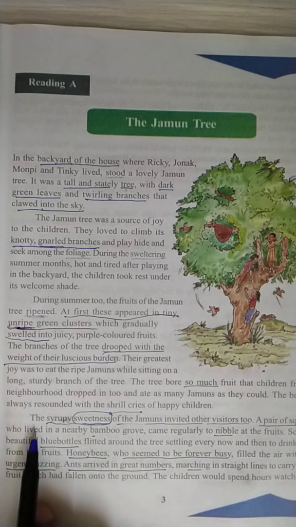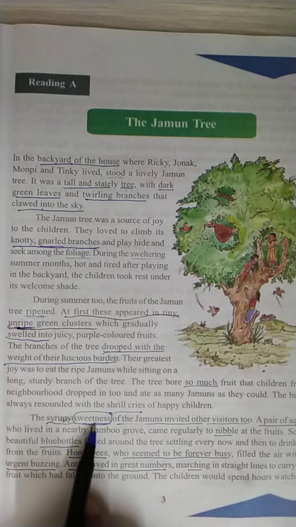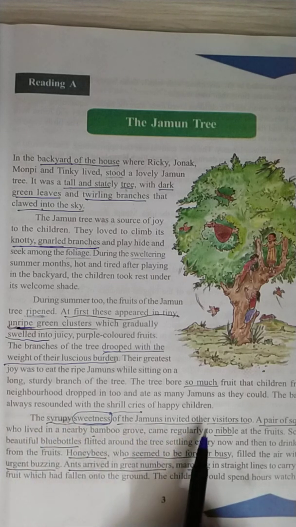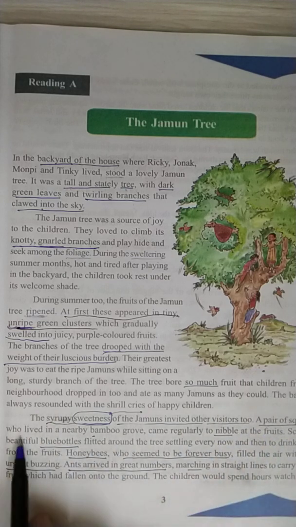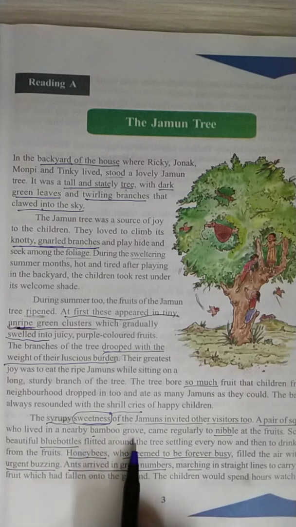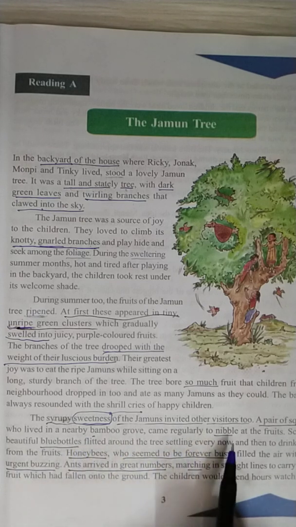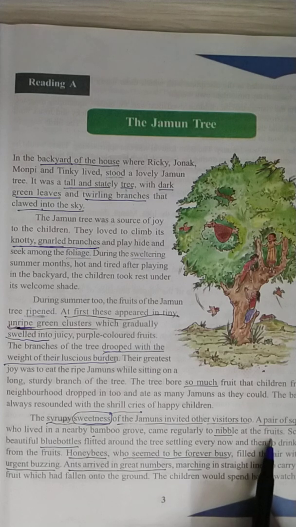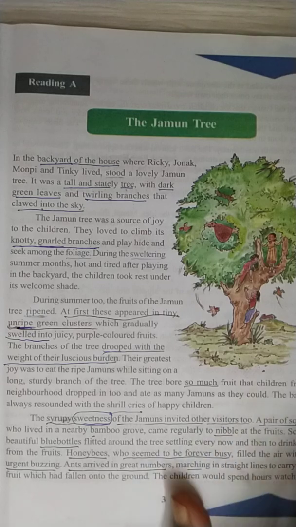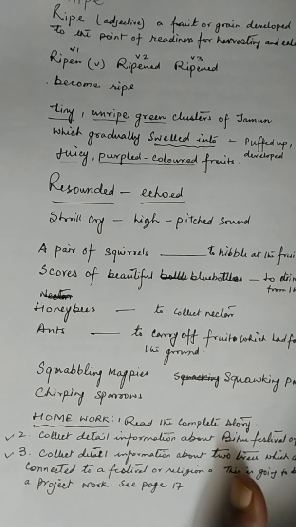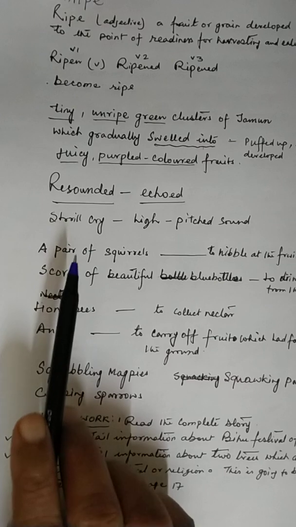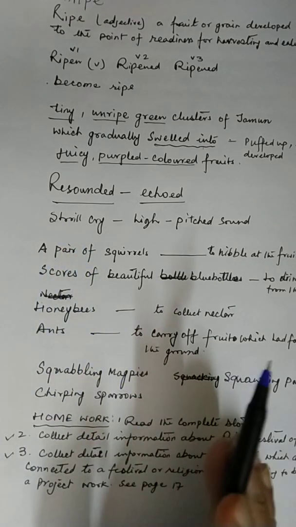So here the writer says that the syrupy sweetness of the jamun invited other visitors too. A pair of squirrels who lived in the nearby bamboo grove came regularly to nibble at the fruits. So I will not read the lines here. What I would like to highlight here is that the writer used many adjectives and action words to describe the creatures as well as their actions.